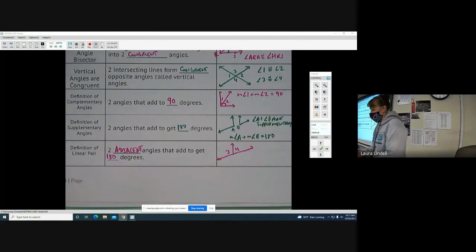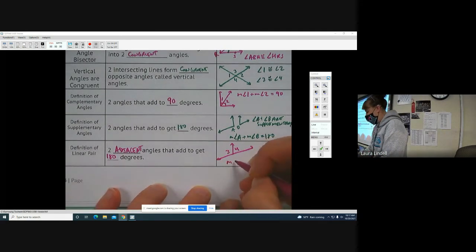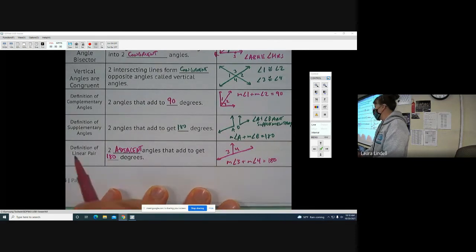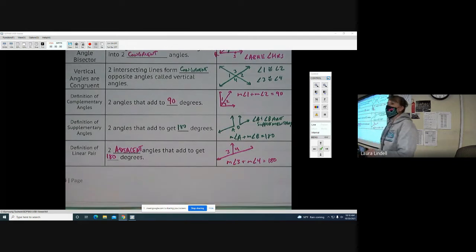All right, so then we'd also get the equation, similar to the one before, but this time measure of angle 3 plus measure of angle 4 equals 180. When we see that and the picture looks like this, definition of linear pair or linear pair postulate would be good reasons to pick. All right, leave that up there for a second. Once you have it, go ahead and turn the page.